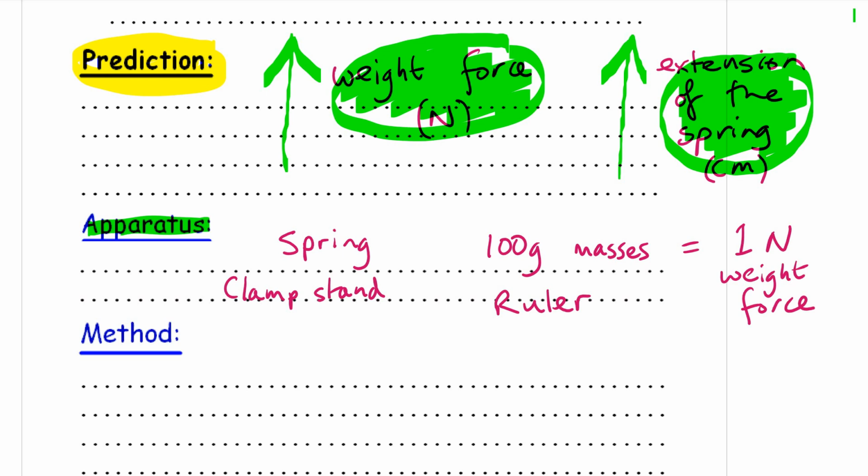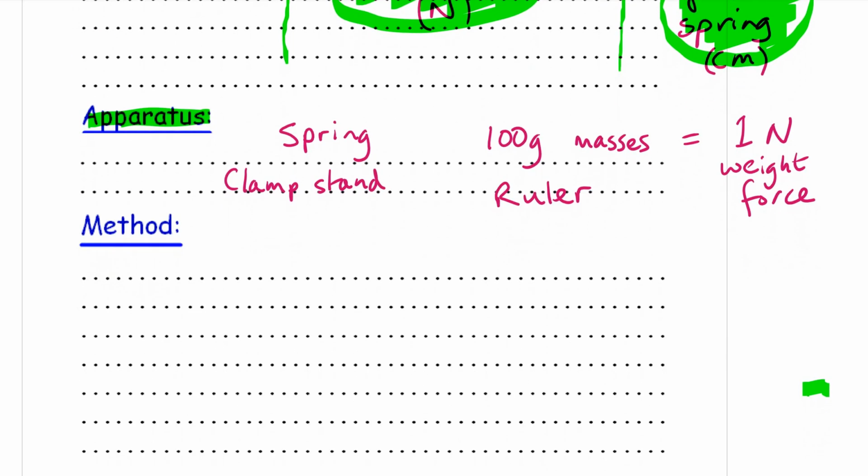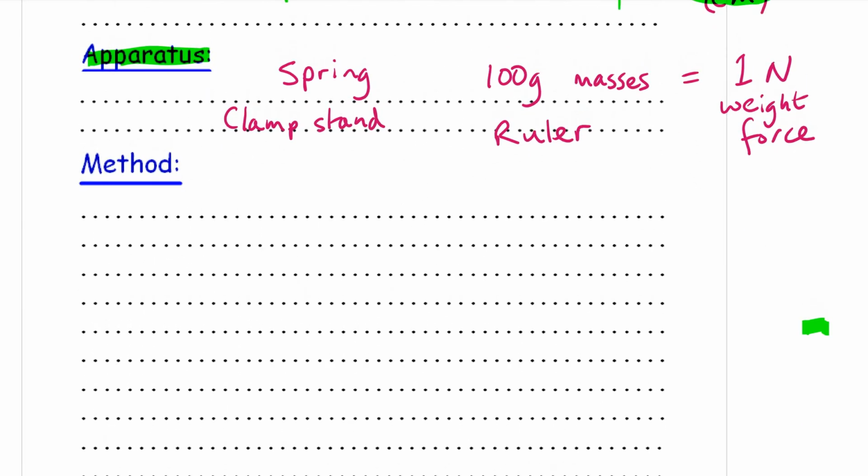Here's an example of the method that you may want to use. Take a spring. Using a ruler, measure the length of the spring.